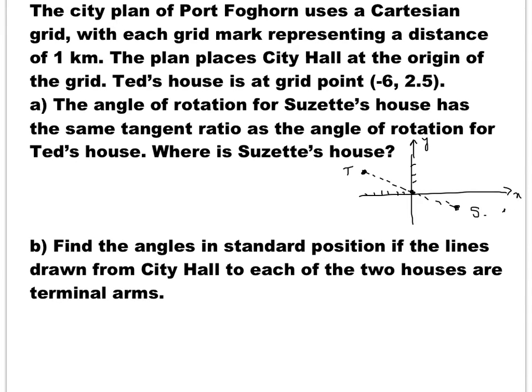Remember that Ted's house had the coordinate negative 6 and 2.5. In the fourth quadrant, if I find a reflection, I'm going to change the x to a positive value, so it's going to be 6, and the y is going to be a negative value, so it's going to be negative 2.5. So this is going to be the coordinate of Suzette's house.